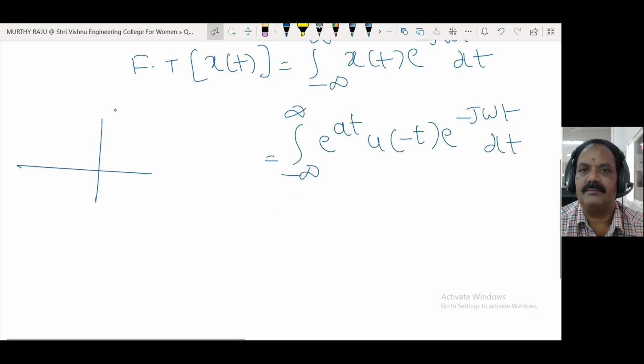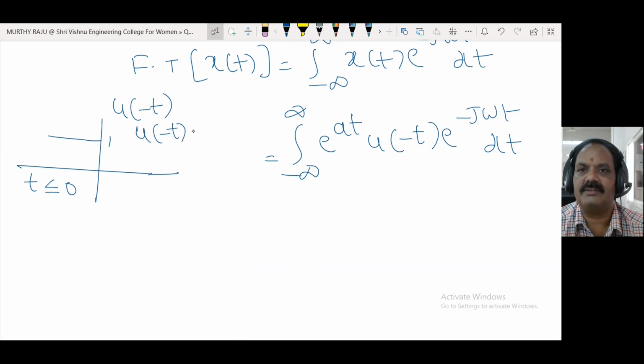The value of u of minus t is 1 for t less than or equal to 0, and 0 for t greater than 0.